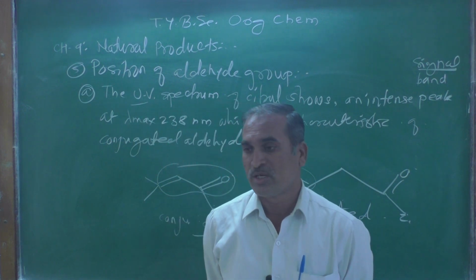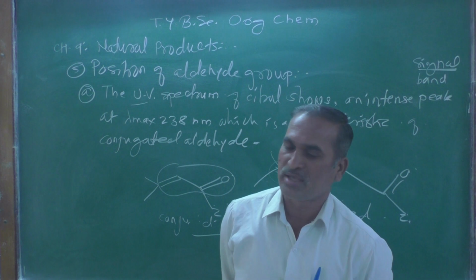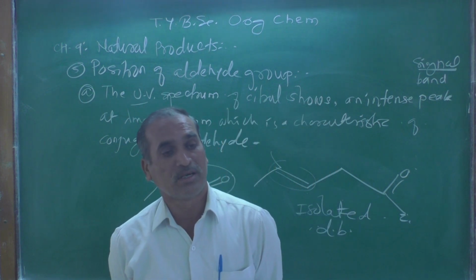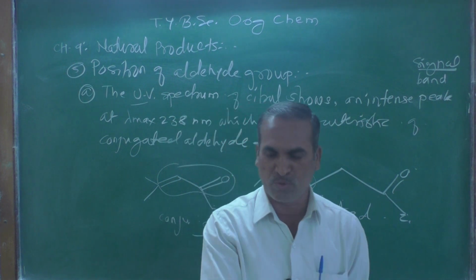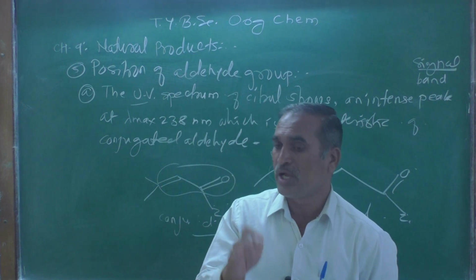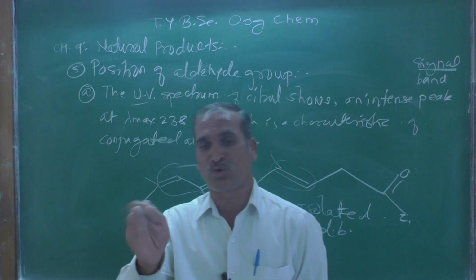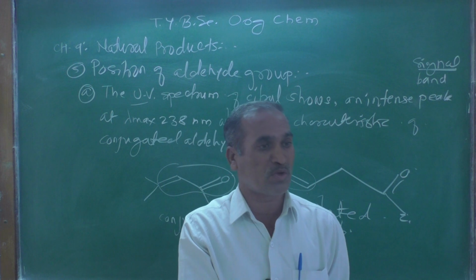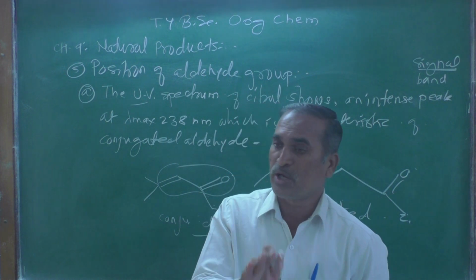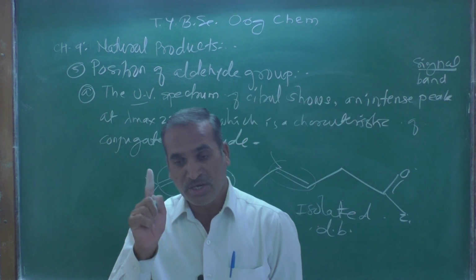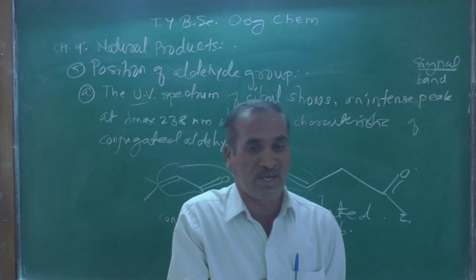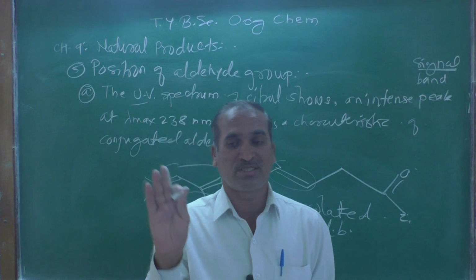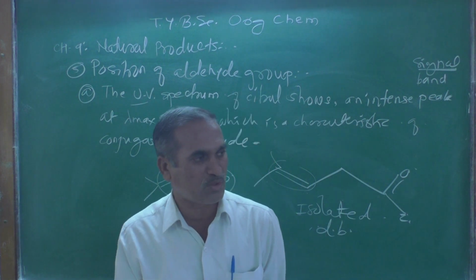And UV spectroscopy is one of these spectroscopic methods. Let us see the definition of spectroscopy. The interaction of electromagnetic radiation with matter is known as spectroscopy. That is the simplest definition of spectroscopy.